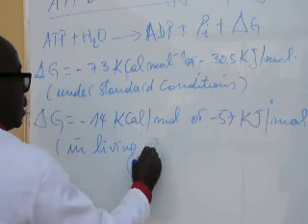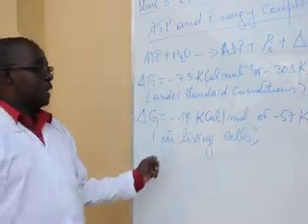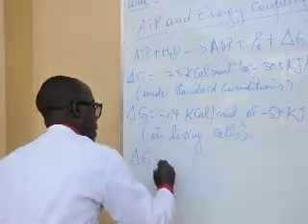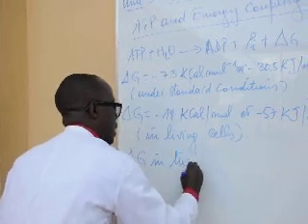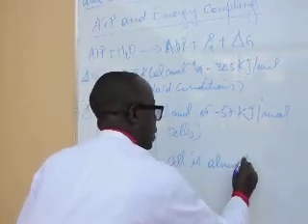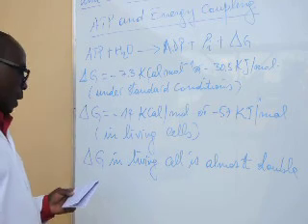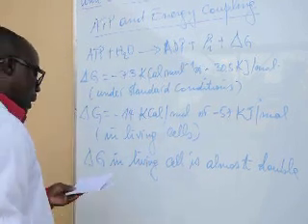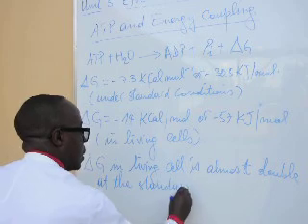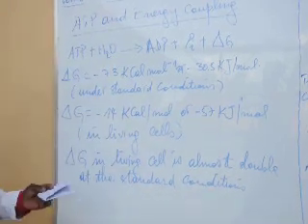It means that delta G in living cells is almost double that at the standard conditions.